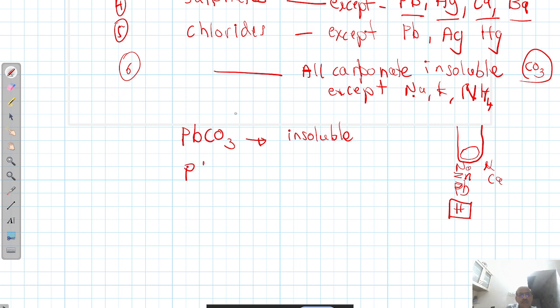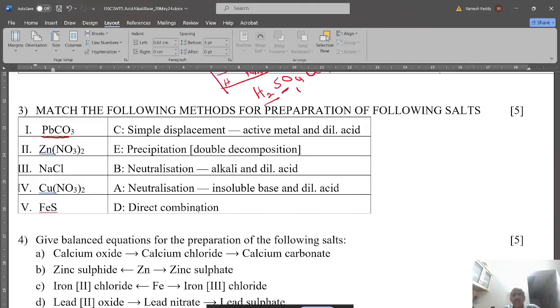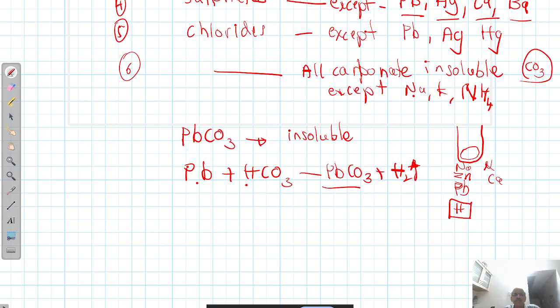Pb plus HCO3 I take. This Pb will kick out the hydrogen, then it will form PbCO3 plus hydrogen will evolve. Since this PbCO3 is insoluble, the PbCO3 that is formed will precipitate at the bottom. And the balance HCO3 becomes CO2 and H2O also. So that will become a simple displacement.